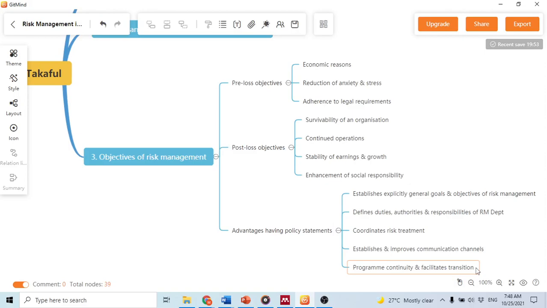Sometimes the company does job rotation, where a job is given to someone else and we have to go to other departments. So having good policy statements will help business continuity and also facilitate any transition which happens during any business years.